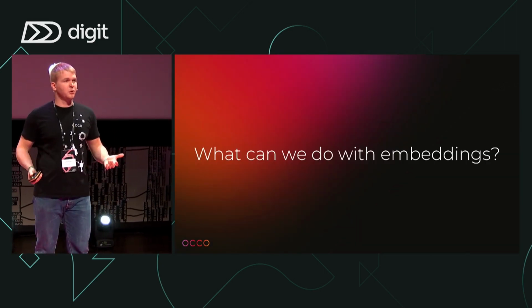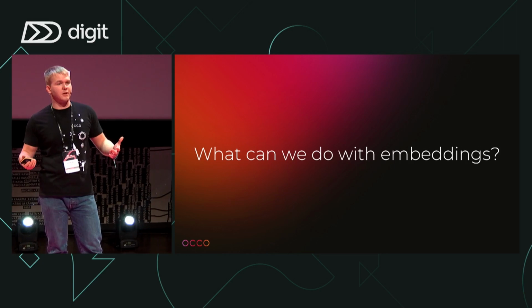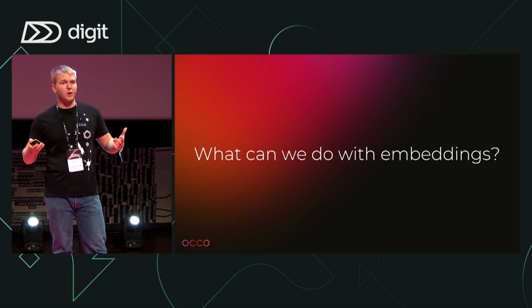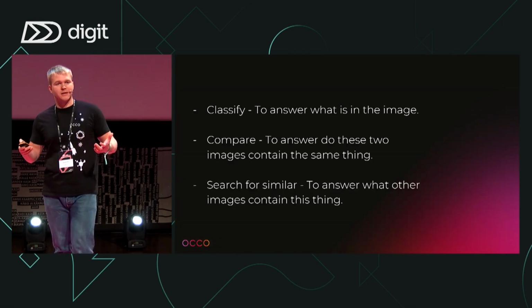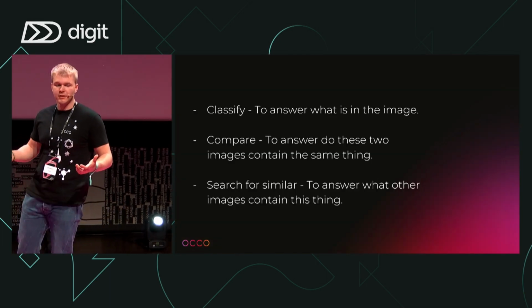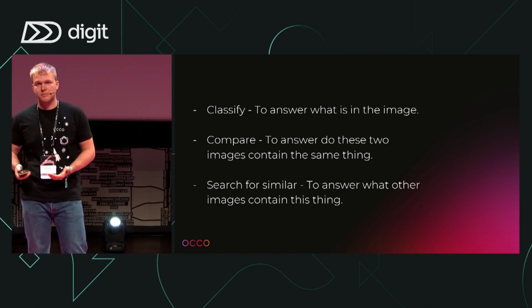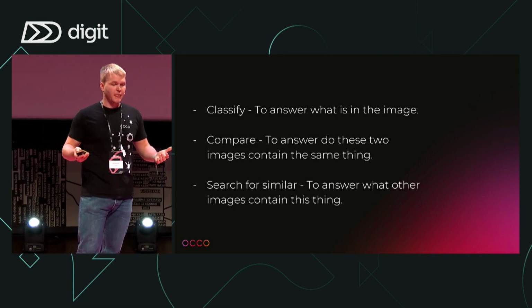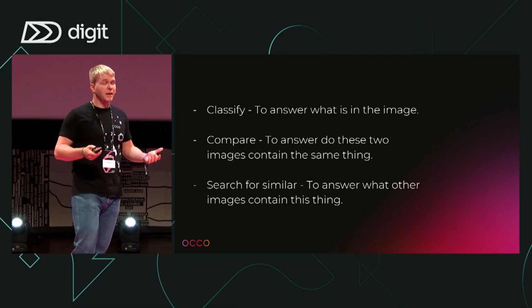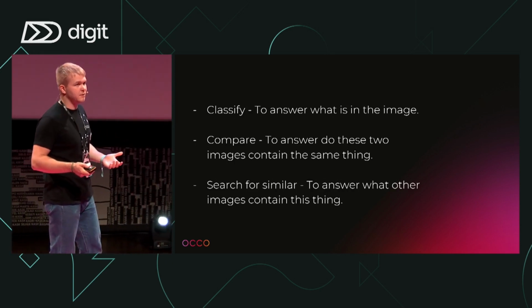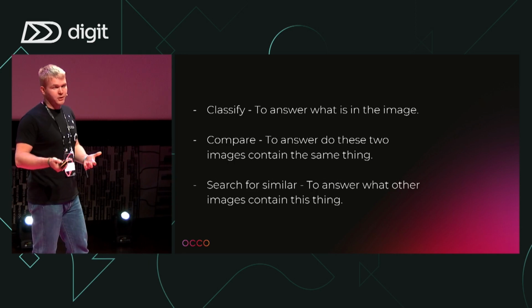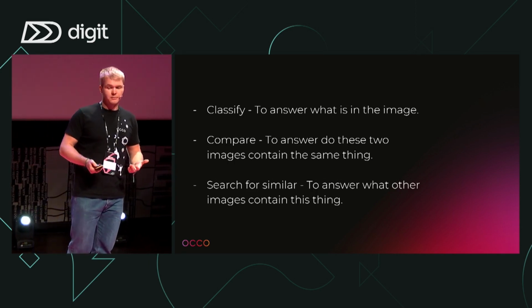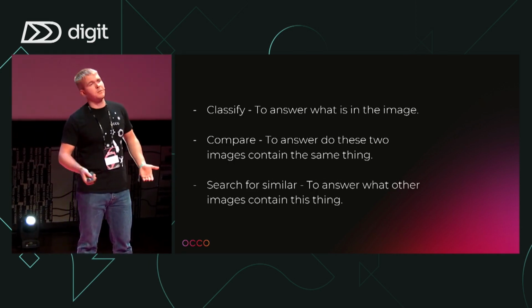So what can we do if we have this kind of description of the object in an embedding form? Well, we can do classification to answer what's in the image, give it a category. We can also compare to say if two images contain the same thing, and we do that with the same cosine similarity. And we can search for similar ones.